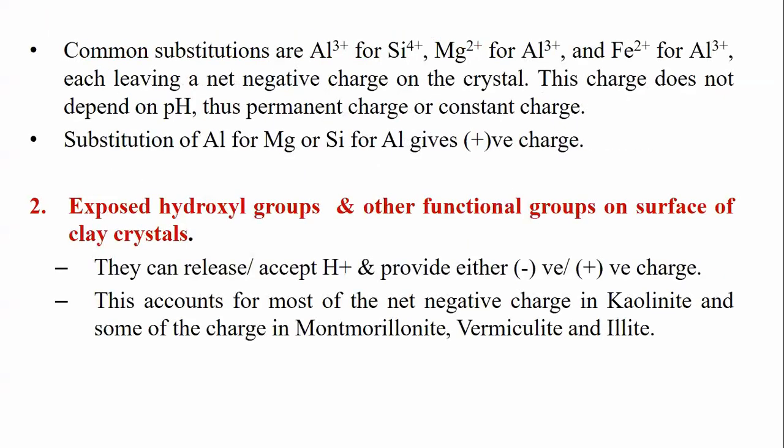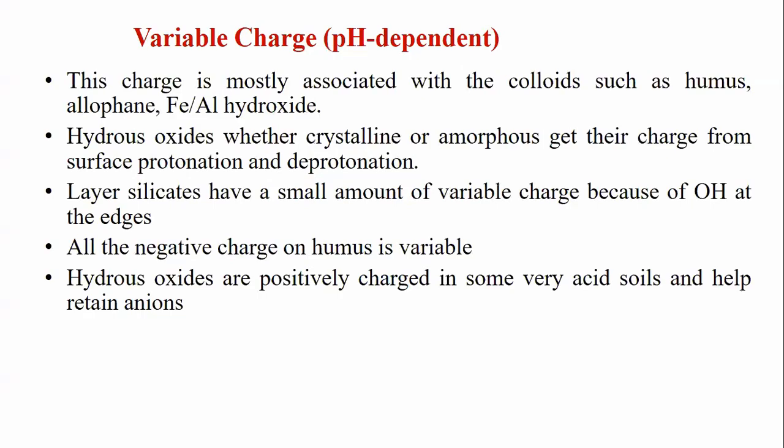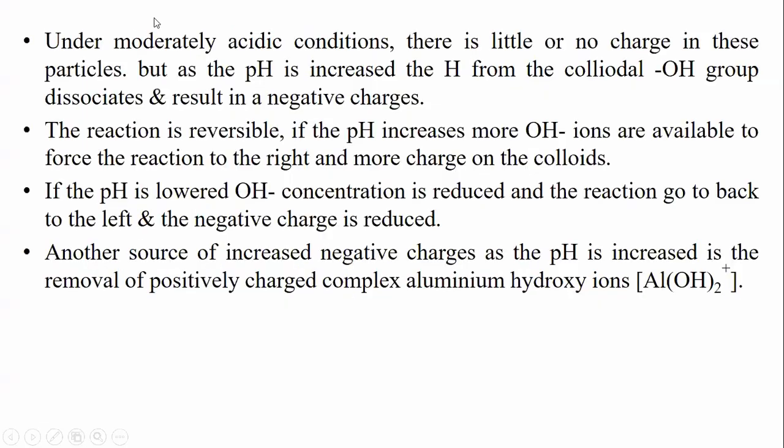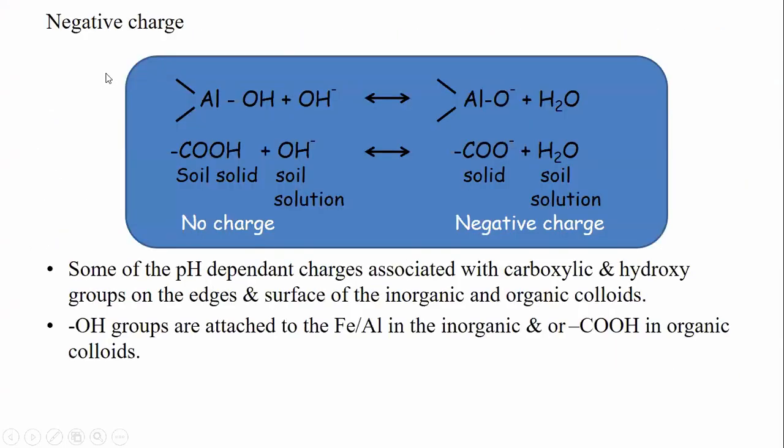Here, the higher charge element replaced by the lower charge one creates the negative charge. The lower charge one substituted by the higher charge one creates the positive charge. That is in the permanent charge. Likewise, in the variable charge also, this may create the negative charge and this may create the positive charge. So now we will see how the negative charges are formed in the pH dependent one.